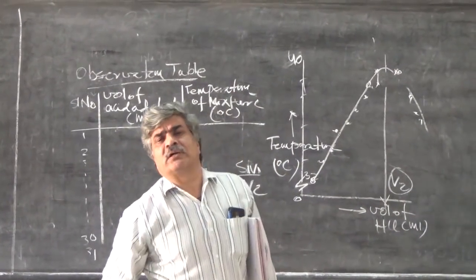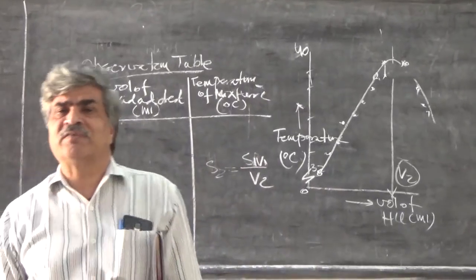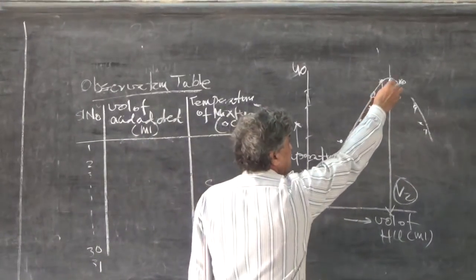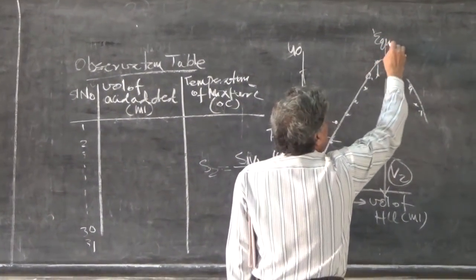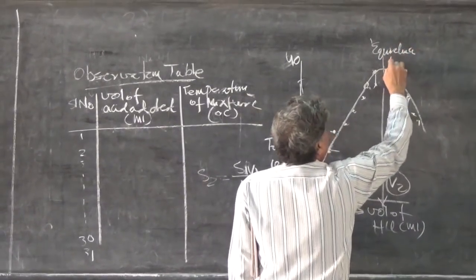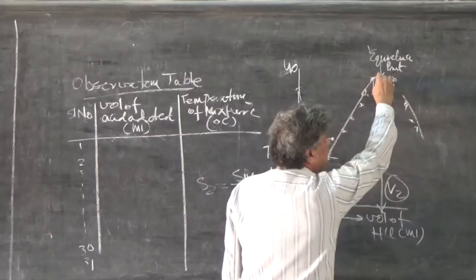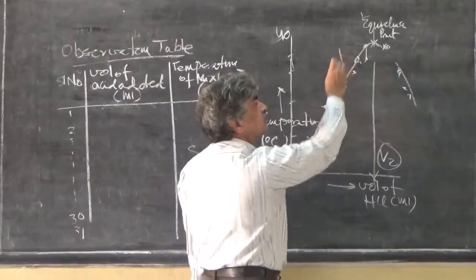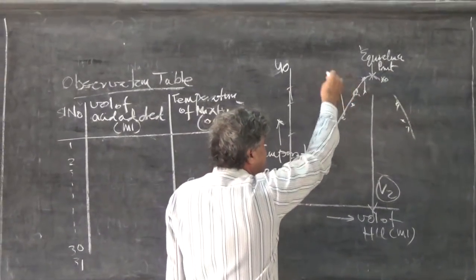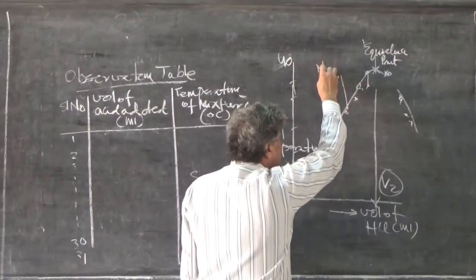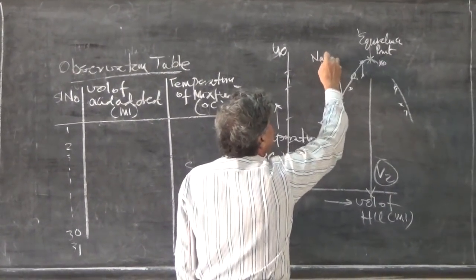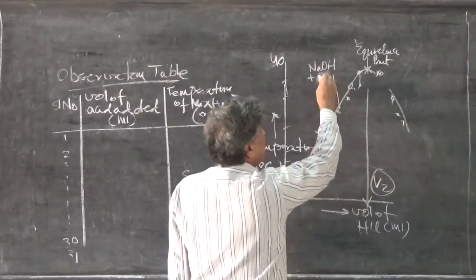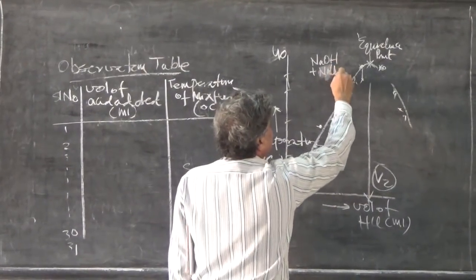Now a few very important, interesting observations and questions which I would like to point out. If you look at this, this is the equivalence point. On the left side of the equivalence point, what will be the composition of the solution? It would be NaOH plus NaCl plus H2O.